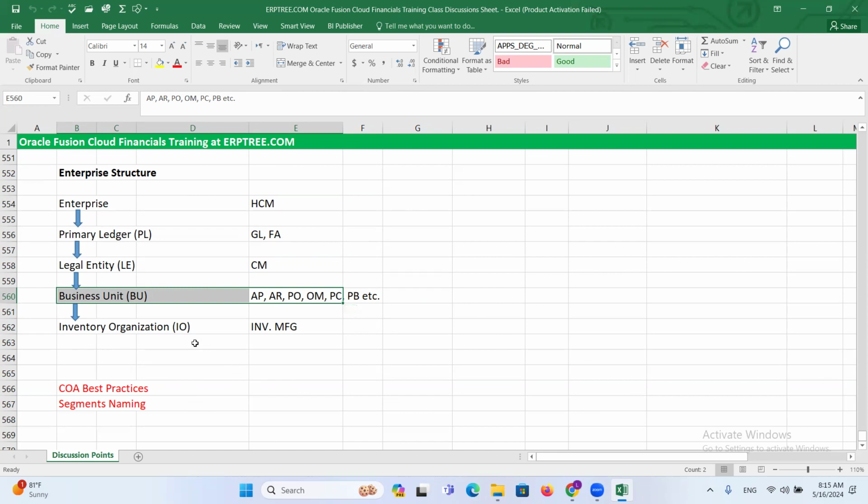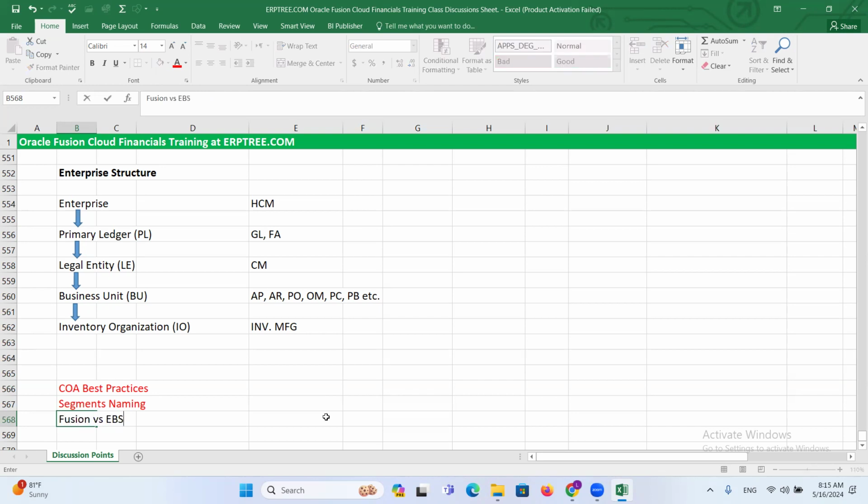So these are the points we have to understand now. Next we'll see what the best practices are when you design the chart of accounts, and the segment naming conventions between Fusion versus EBS. The enterprise structure also we will discuss.